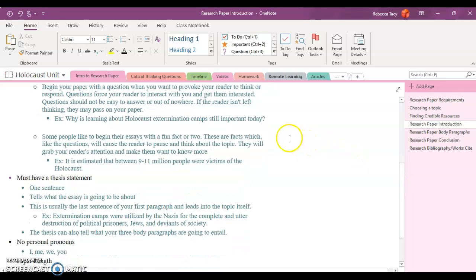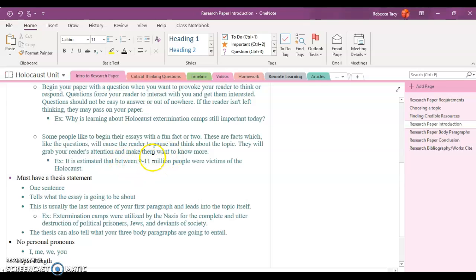The third one that you can use is that some people begin their essays with a fun fact or two. This is just a set-in-stone fact that maybe not everybody knows, so this grabs your reader's attention as well. The example I use is: it is estimated that between 9 to 11 million people were victims of the Holocaust.